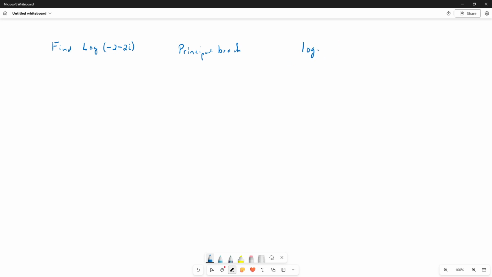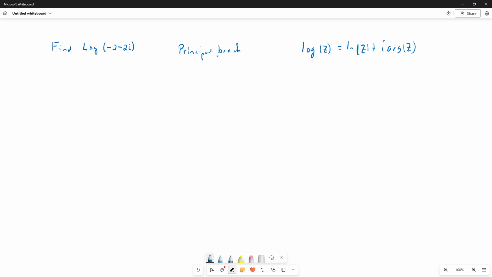Recall that the logarithm of a complex number is multi-valued because it involves the argument of the complex number, and there are infinitely many arguments.